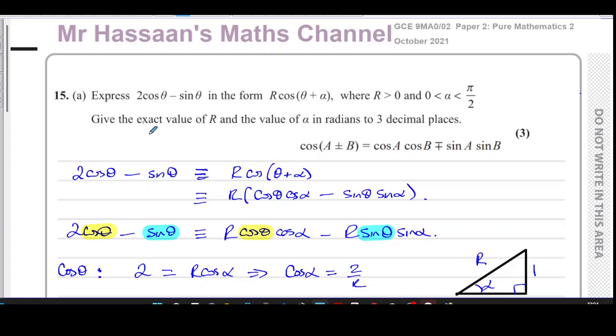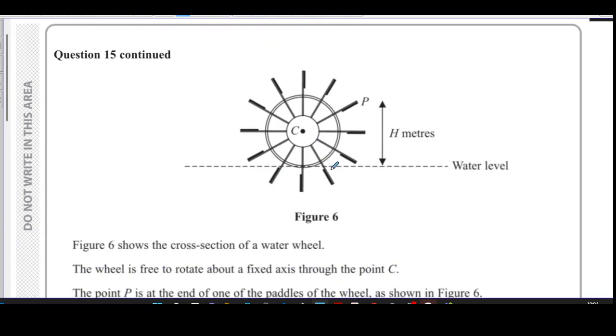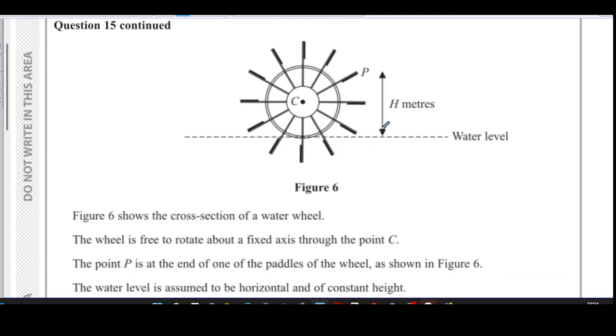Now we're going to go on to part B. Okay, so part B. Let's have a look at part B. Now it says, here we have a figure 6 which shows the cross-section of a water wheel. The wheel is free to rotate about a fixed axis through the point C. The point P is at one end of the paddles of the wheel as shown in figure 6.